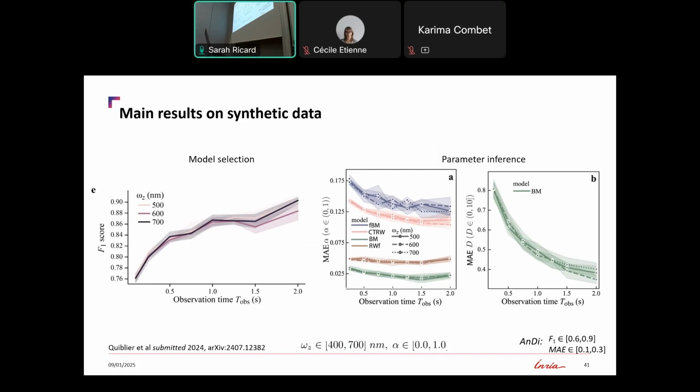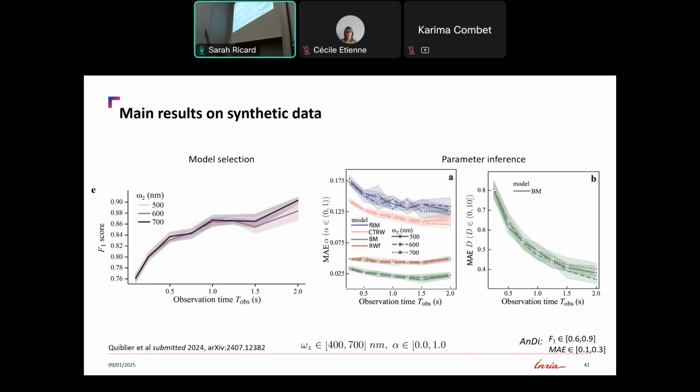And what is nice is that the classification is as good whatever the size of your illumination, because depending on the laboratory and the microscope, this parameter will be different. We have a way to get very good classification results whatever the size of the microscope illumination.